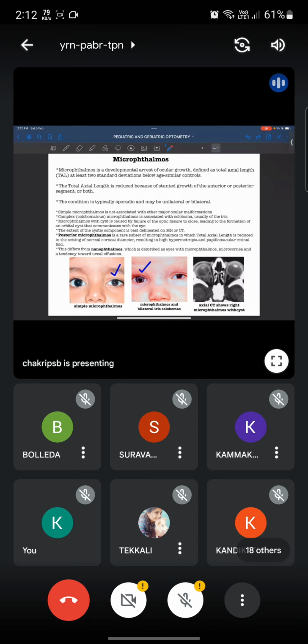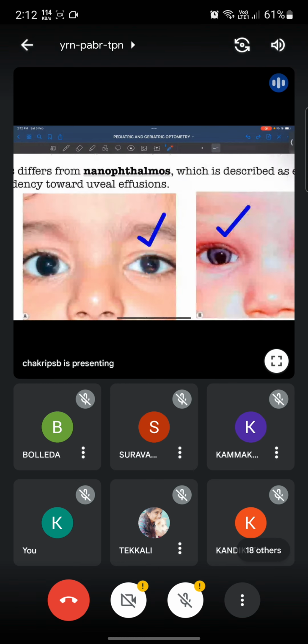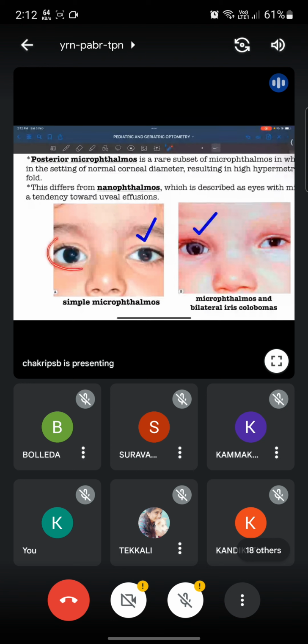Our normal axial length is 23 to 24 mm, but in microphthalmos it is not completely developed and looks very small. For this, we need to observe the manifestations. This is the normal one, this is microphthalmos. Microphthalmos is different, microcornea is different.